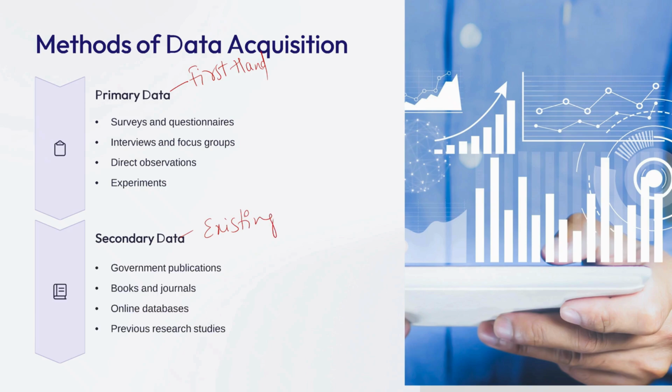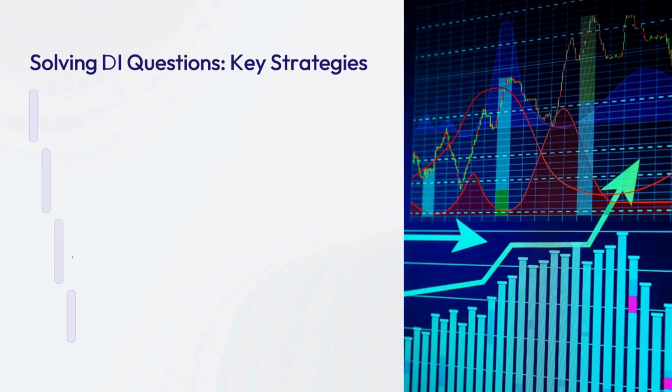And next we have some step-by-step key strategies to know data interpretation well. The first step is understand. We have to read the entire data set. We have to grasp the context, units, scales and time periods before calculation. That is the first step. And the second one, analyze. We have to identify what the question asks and plan our calculation approach.